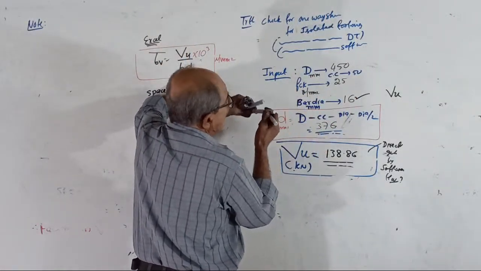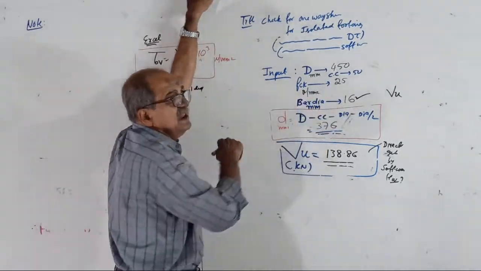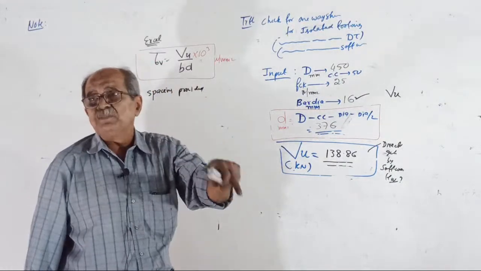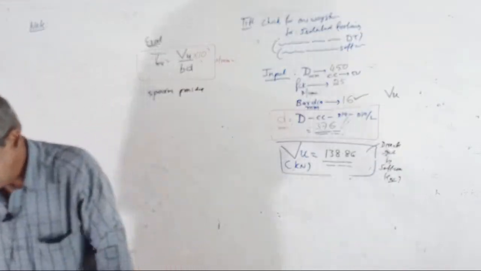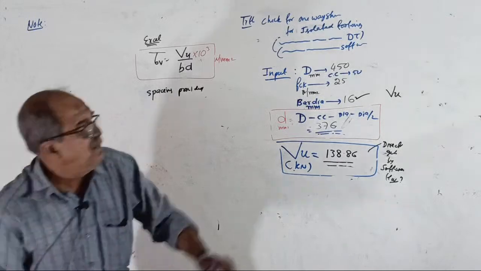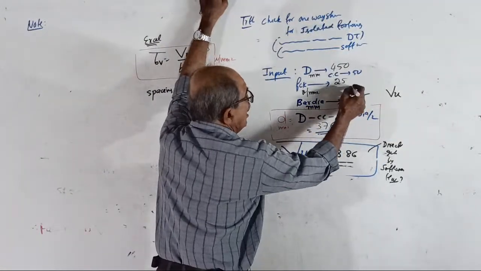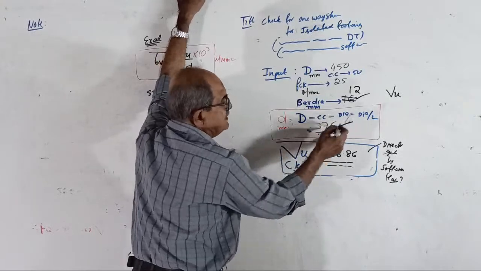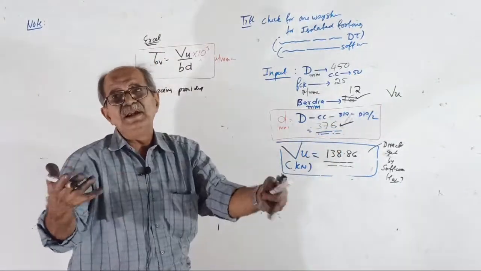How much should you type in the Excel, actual provided? You should type 12. If you type 16, wrong, 12. And then your D will not come 376. It will come a little more. Excel will take it. Okay.